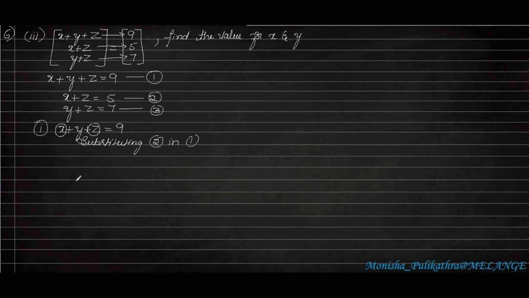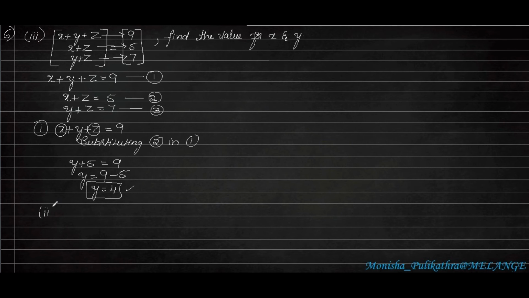So y plus 5 is equal to 9, retaining y as it is. When I shift 5 here, it will become minus 5. So y is equal to 9 minus 5, which is 4. So we got the value for y.